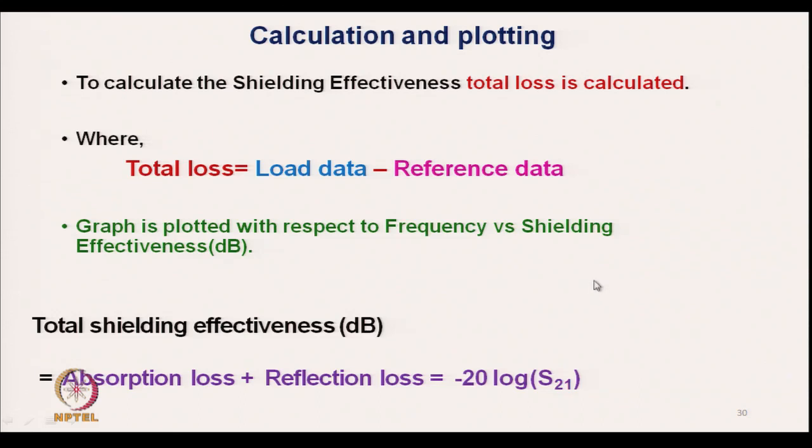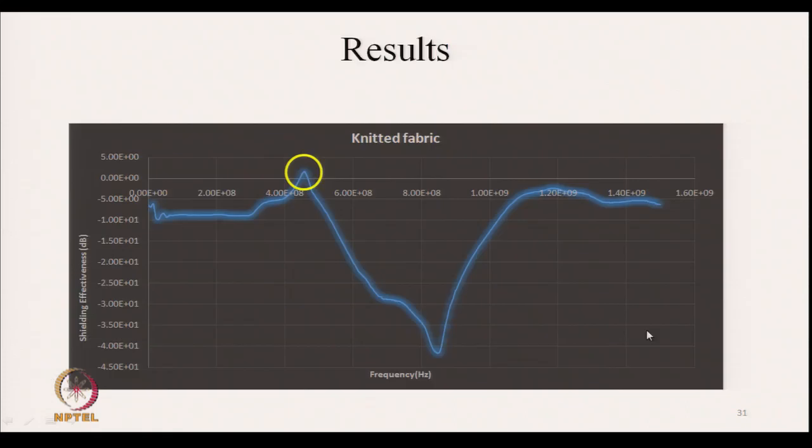So, total shielding effectiveness in decibel is equal to absorption loss plus reflection loss, expressed by minus 20 log S21. So, total loss we can calculate: absorption loss plus reflection loss is calculated by load data minus reference data.